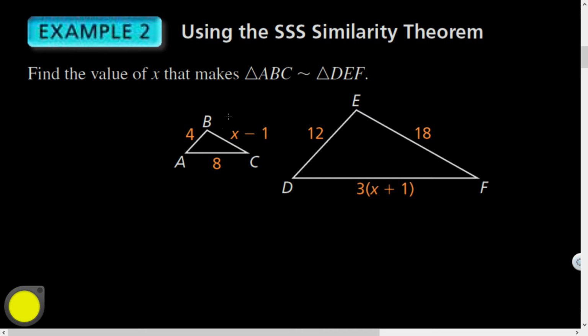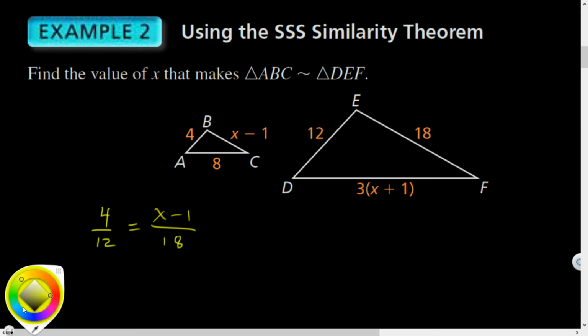All right, so let's see. Find the value of x that makes these triangles similar. So 4 is to 12 as x minus 1 is to 18. And then we'll also have to verify that that scale factor works for these sides once it's determined. Let's reduce that fraction first. 4 goes into 4 once and into 12 thrice.